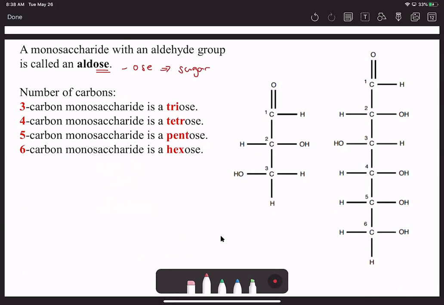Anything that ends in OSE is a sugar. You guys have heard of glucose, right? Glucose is a sugar. Lactose is a sugar. Galactose, maltose, ribose, those are all sugars because they end in OSE. So we're going to use this OSE in the name.